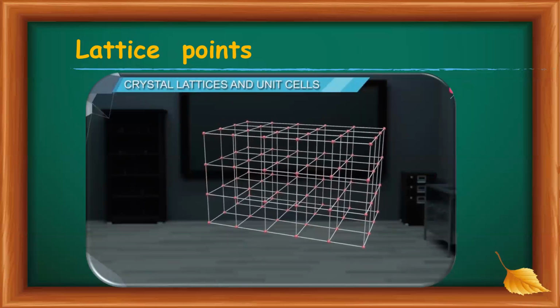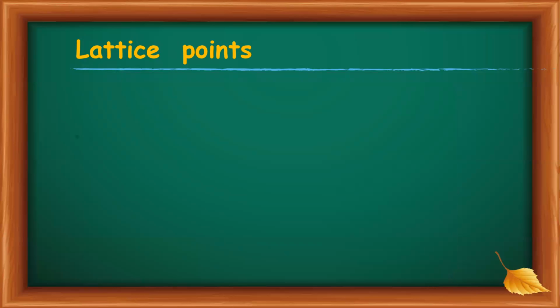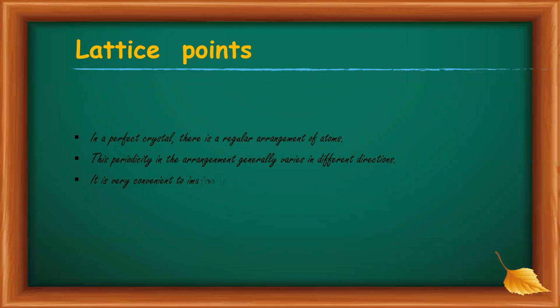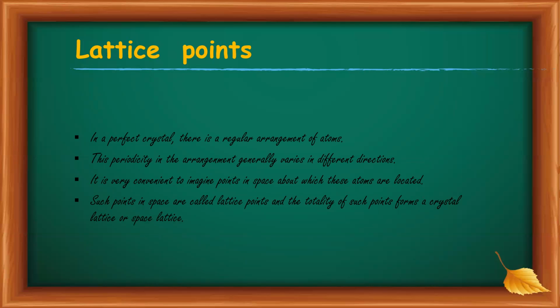In a perfect crystal, there is a regular arrangement of atoms. It is very convenient to imagine points in space about which these atoms are located. Such points in space are called lattice points, and the totality of such points form the crystal lattice or space lattice.